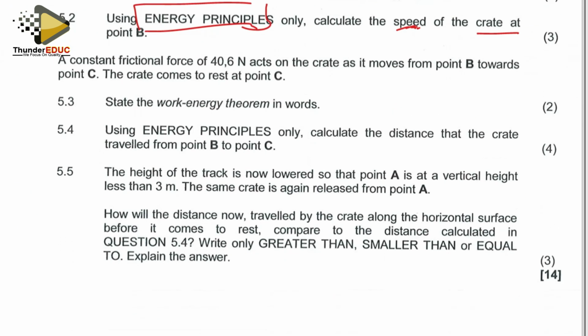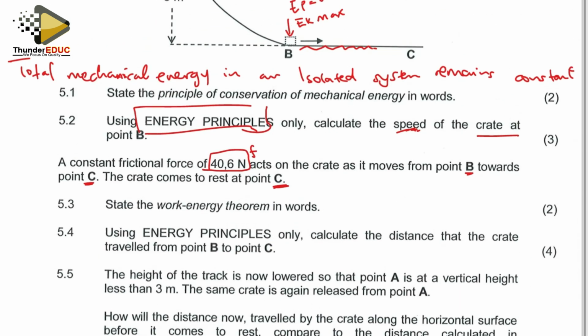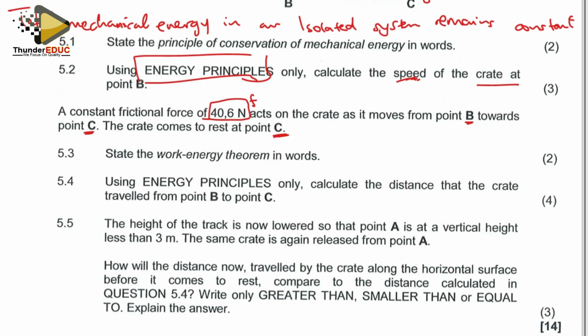Okay, so that is 5.2. And then they are telling us that there is a constant frictional force of this much acting on the crate as it moves from point B towards C, and the crate comes to rest at point C. So our v final here is 0, and our v initial there is 7.67. All right, take the work-energy theorem.